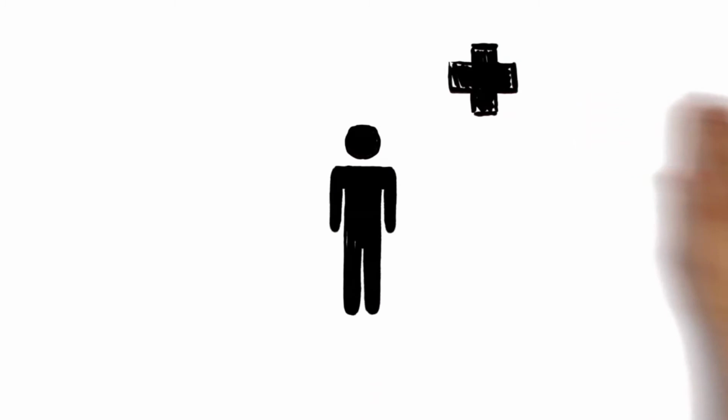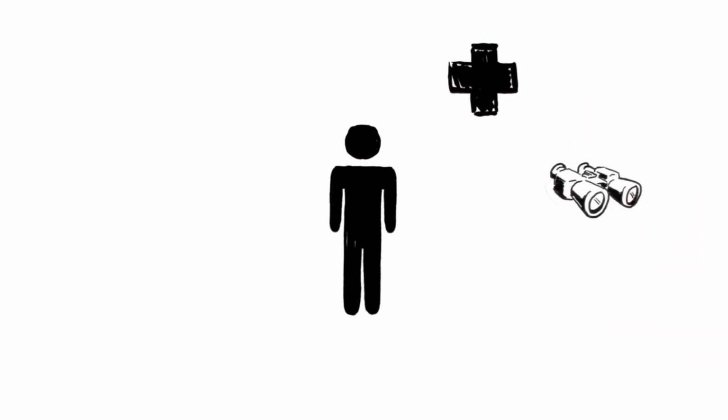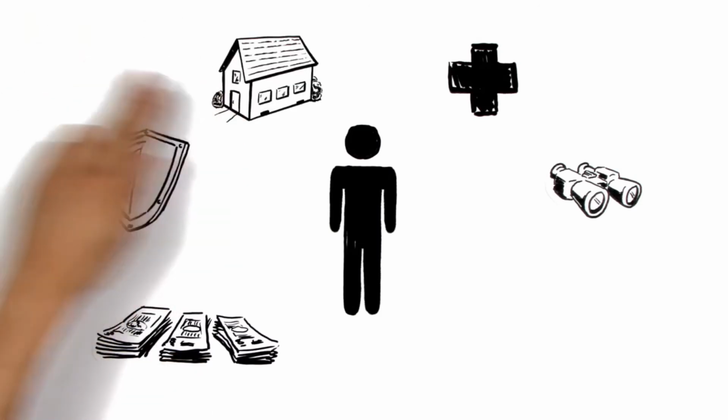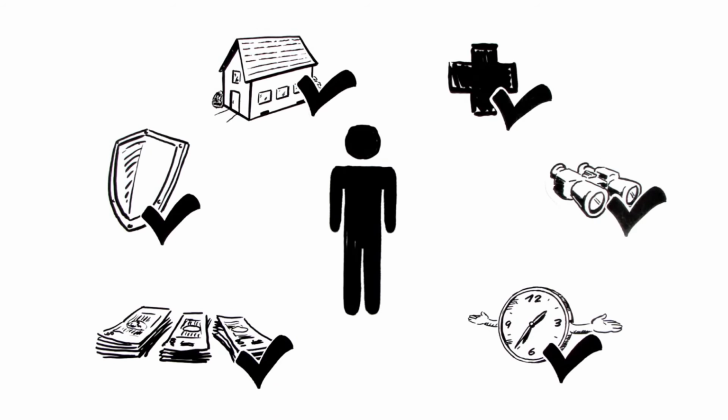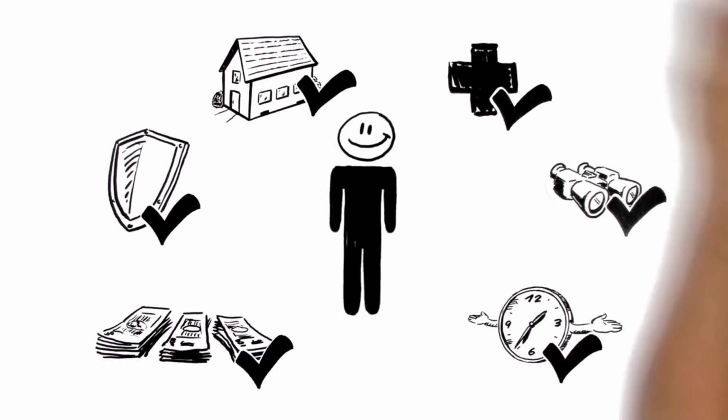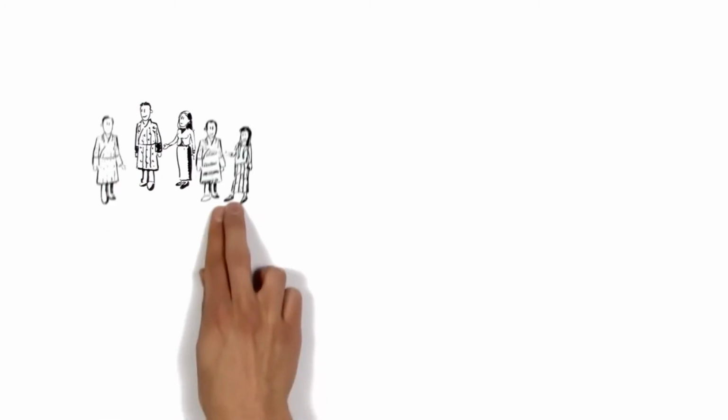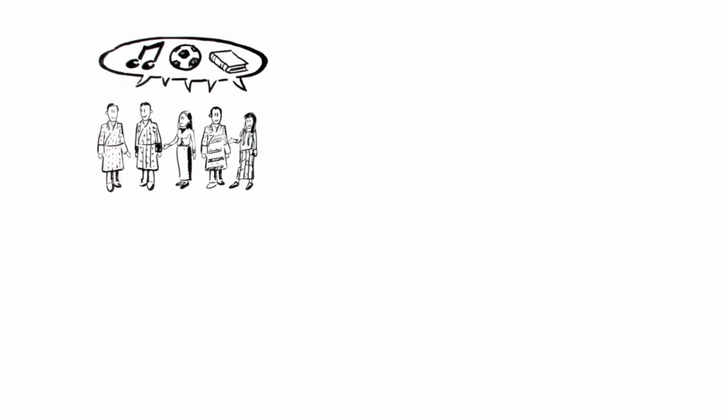Because being healthy, having opportunities for the future, and knowing that security, a steady income, housing, or well-balanced time use are guaranteed is crucial for people to be happy. But furthermore, people get a lot of positive energy from being with others and sharing interests.